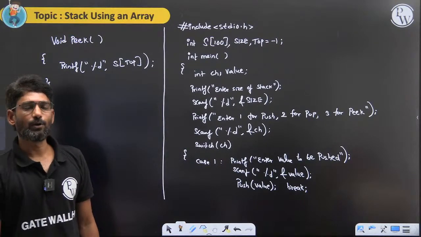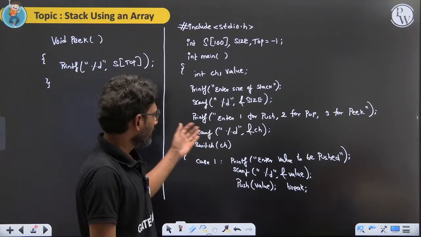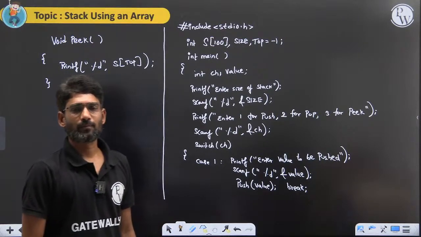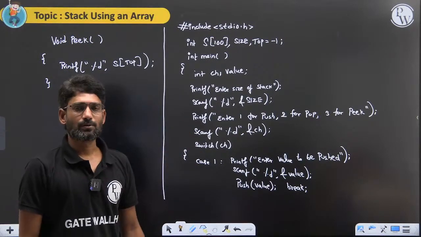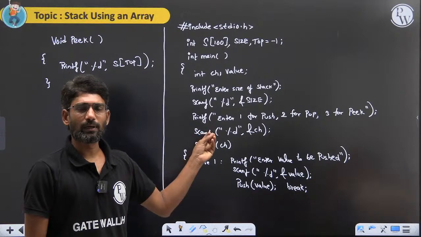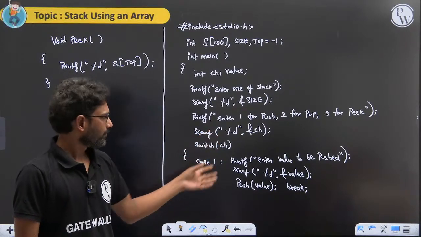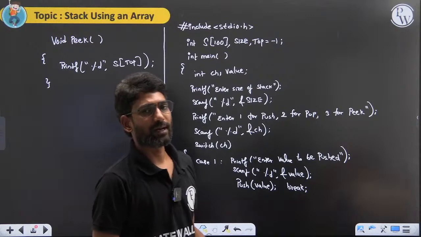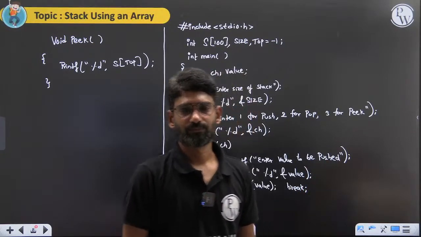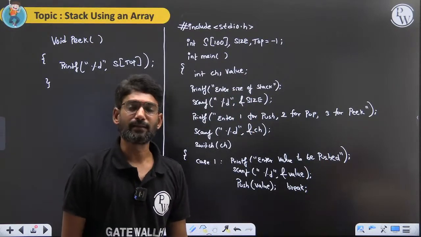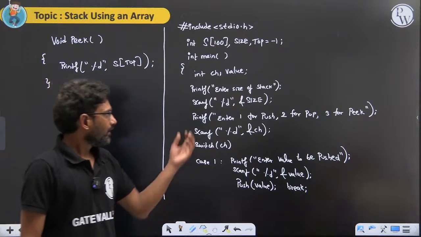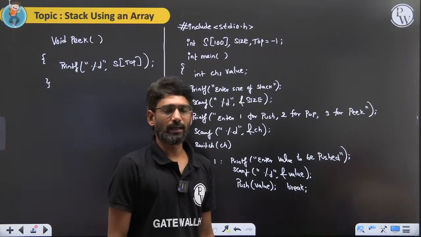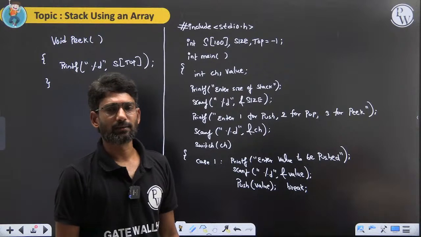So if you want to push 5 elements, every time I have to give this. So if I need to do this every time, I have to write it in the loop. Like I might take while loop.